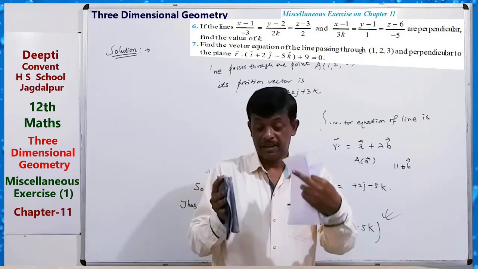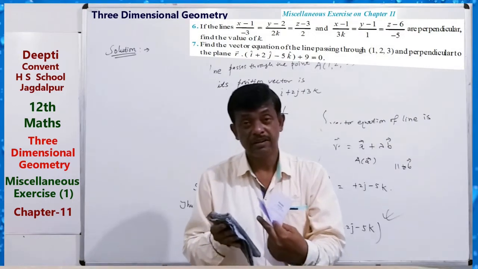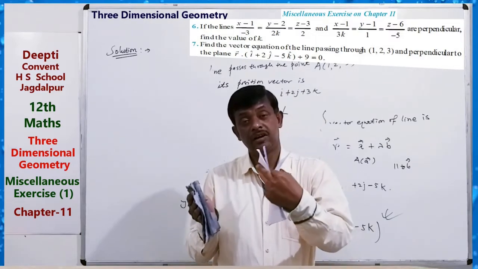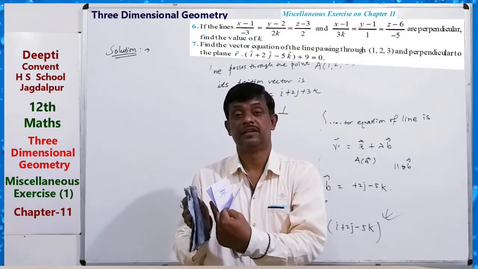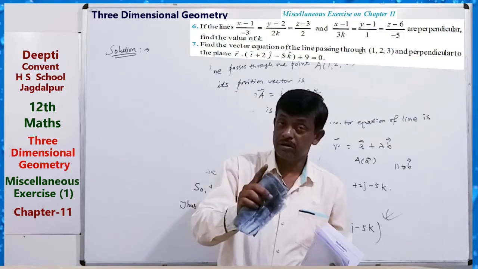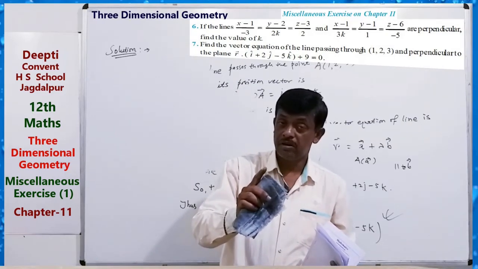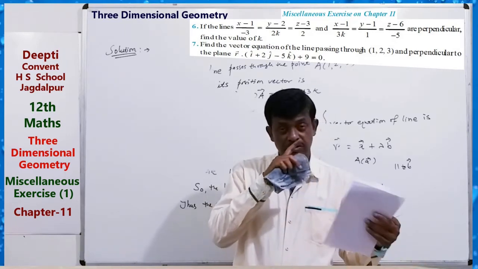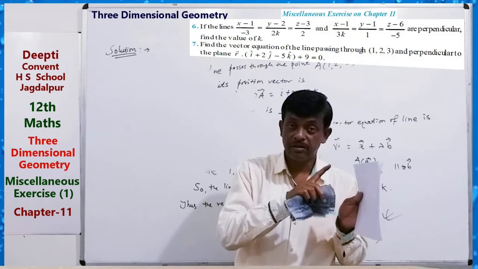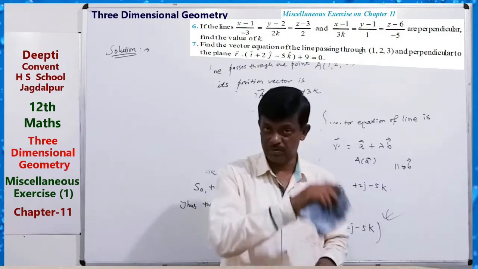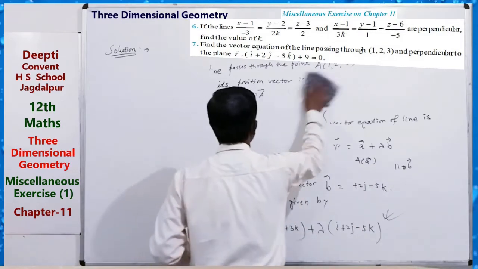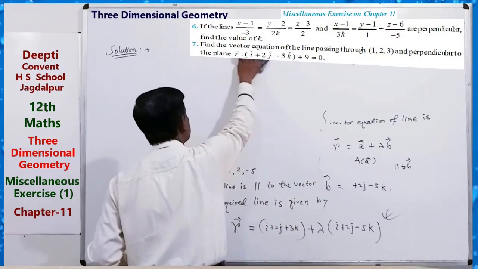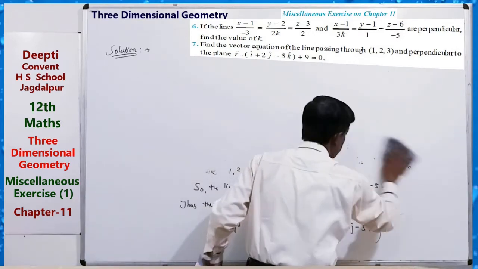So from the given plane we have to find the direction ratios of the normal, and those direction ratios can be used for the normal to the required plane.